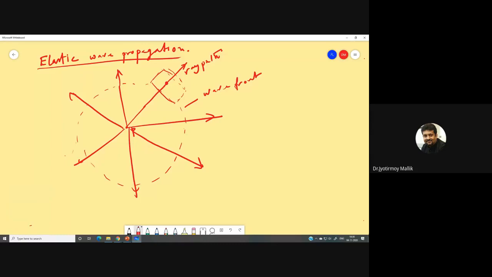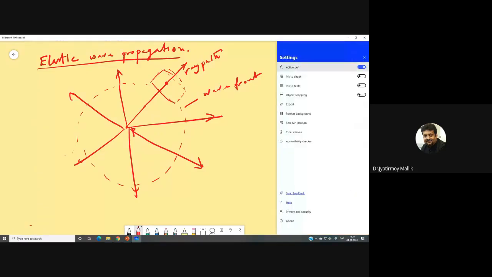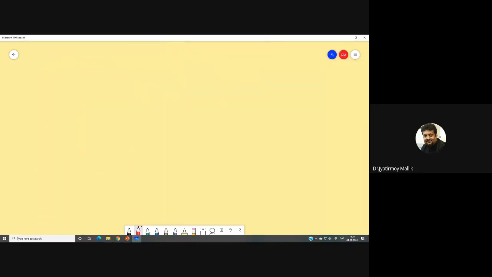Now, with that concept, let's start with the first kind of body wave. The body waves are generally subdivided into two categories. One we call P wave or compressional wave. And the other one is called S wave, shear wave.